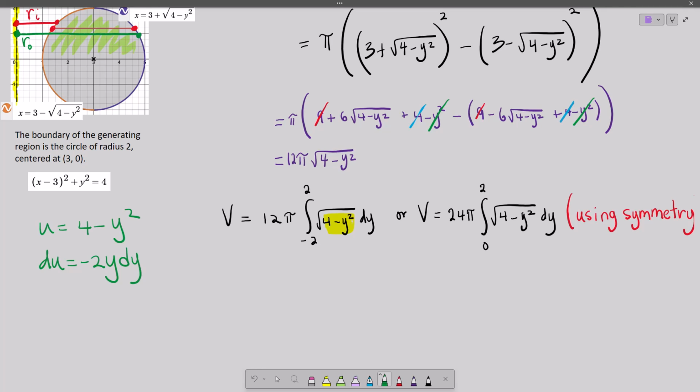So substitution only works if the derivative of u is in the integrand somewhere, and it's not here. So substitution is going to fail us here. We will see a technique later that will allow us to do this. It's going to be called trigonometric substitution, but we're not there yet.